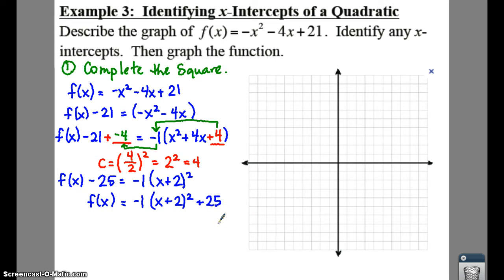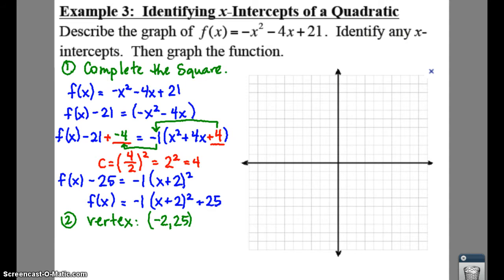We're going to have to find some x-intercepts here also. So let's go ahead and describe this. We have a vertex at negative 2, 25. Unfortunately for this graph, we don't go up 25 places, so we're going to have to do a little work here.